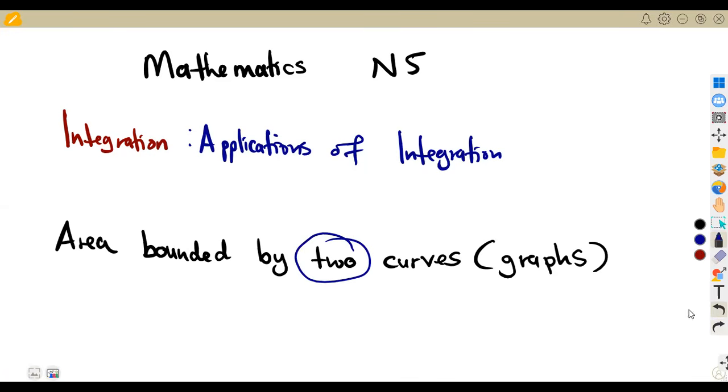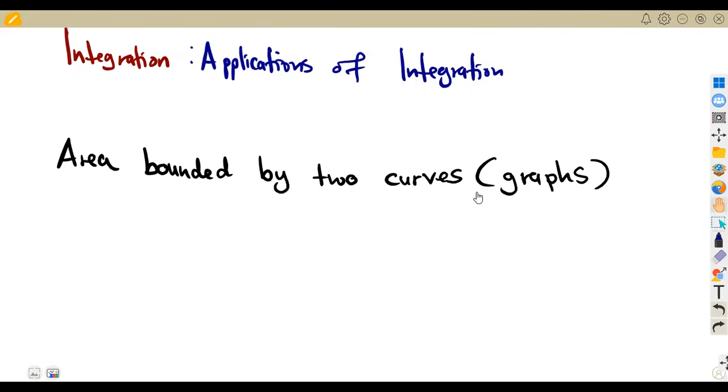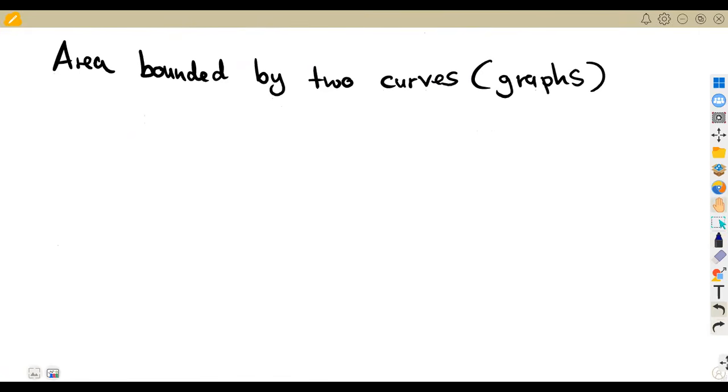In this case, we shall be talking about the area that we are going to be having between the two curves. Remember, we referred about the area in the x-axis when you are given a single curve, whereby you are supposed to be focusing with the limits a and b, the representative strip with respect to x, and your area with respect to x being the integral of y with respect to x.